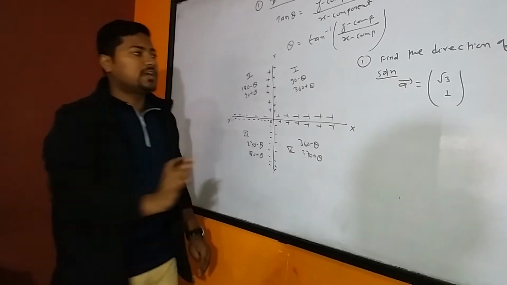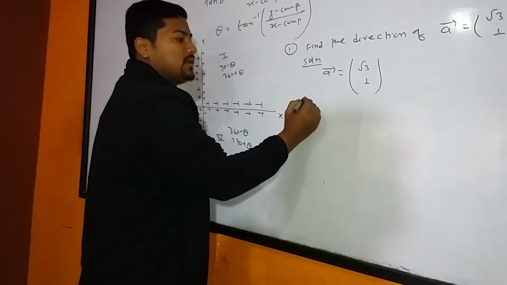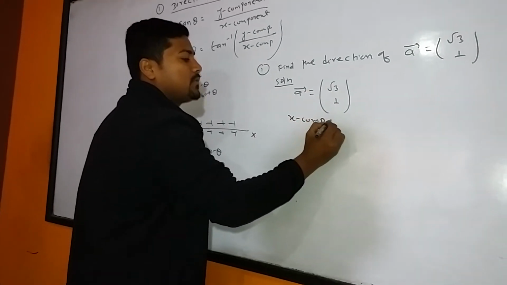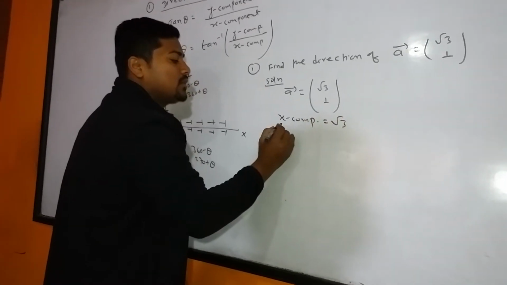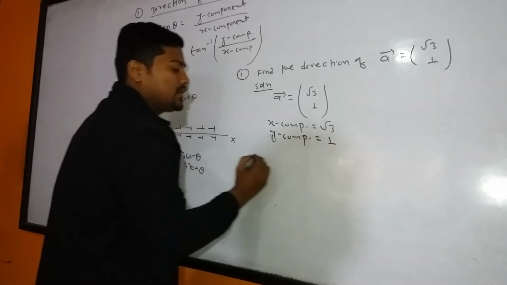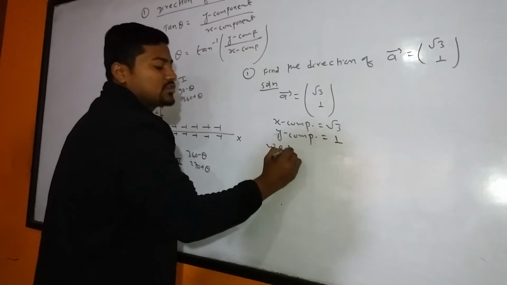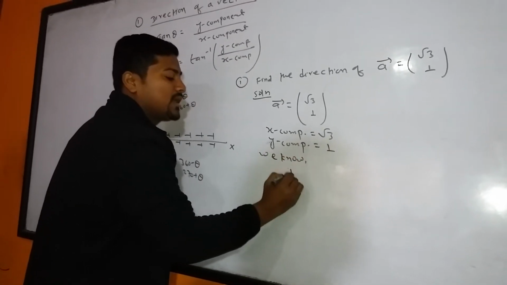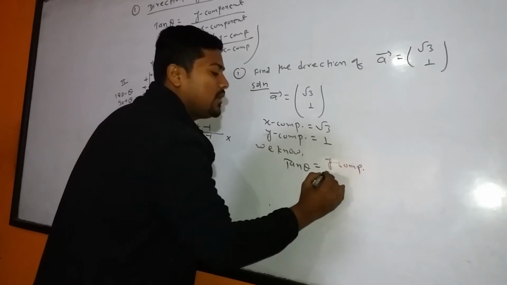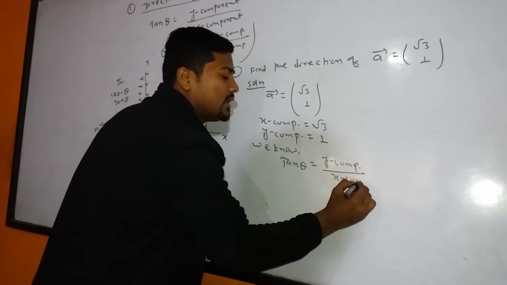Understood? So first of all we write the x component is equal to root 3, and the y component is equal to 1. For the direction of a vector, we know the formula: tan theta is equal to y component upon x component.